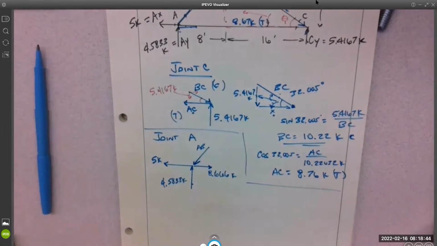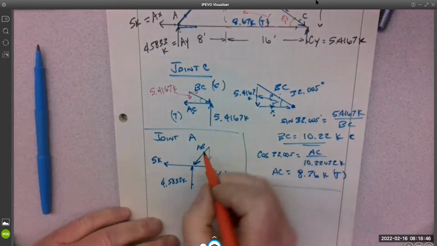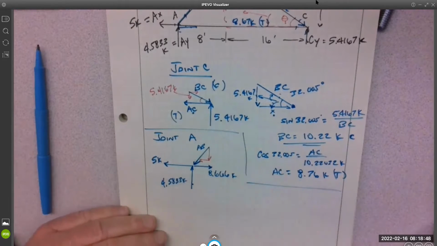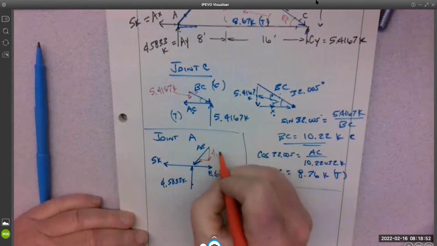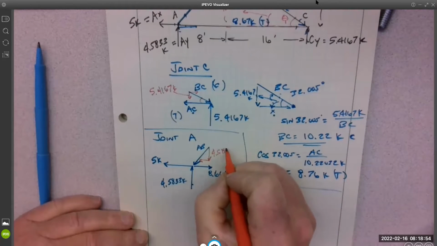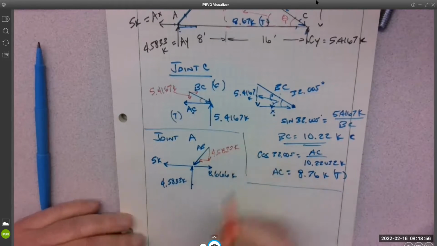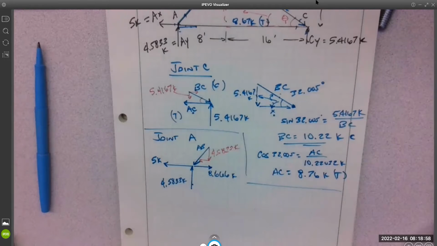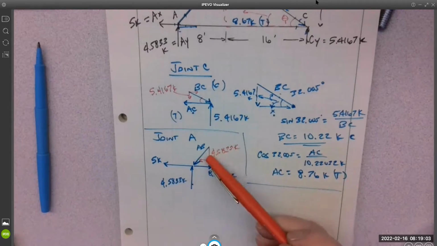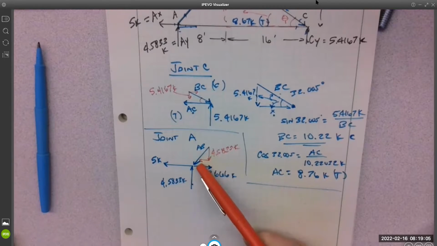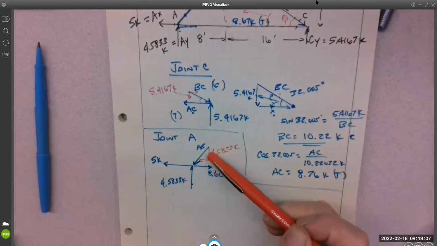And then what do we know about the components of AB? .5833K. The Y is equal to the other Y force. There's only 2 of them. Even though there's 4 forces going on, there's only 2 in the Y.